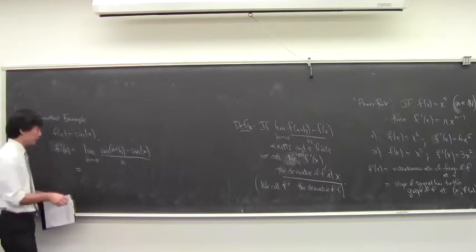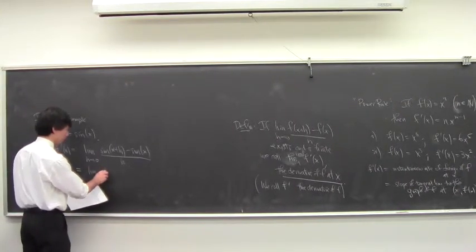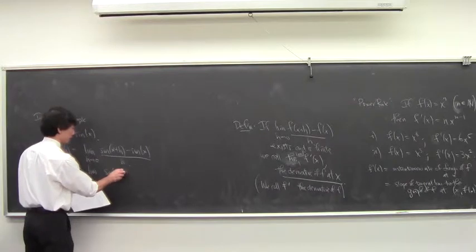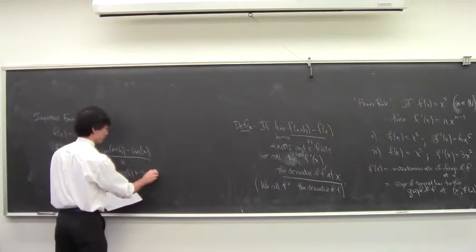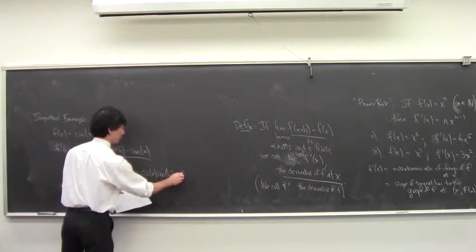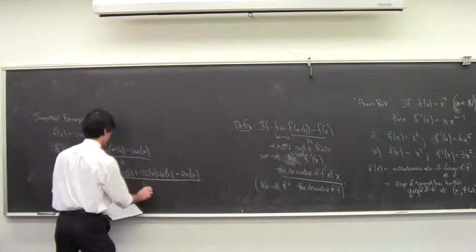Okay. And so you can use the addition formula: sine x cosine h plus cosine x sine h minus sine x over h as h goes to 0.